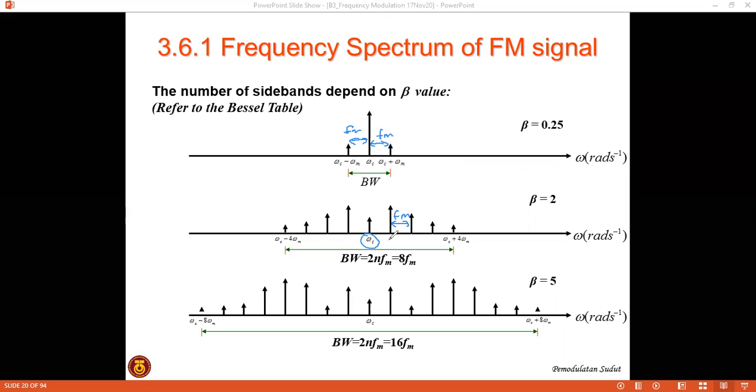This is the first sideband, omega c plus omega m. Then the second sideband, third sideband, and so on. For a given beta from the Bessel table, we will know the number of sidebands and also the amplitudes for each sideband.